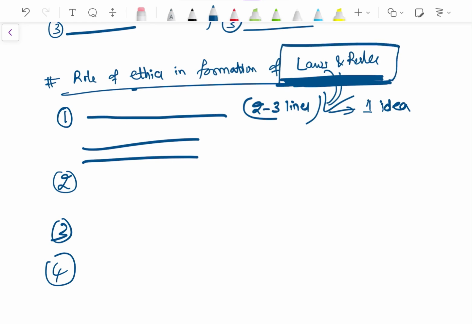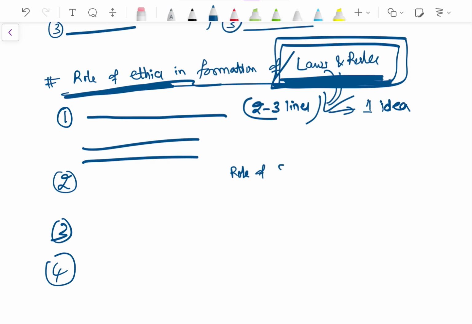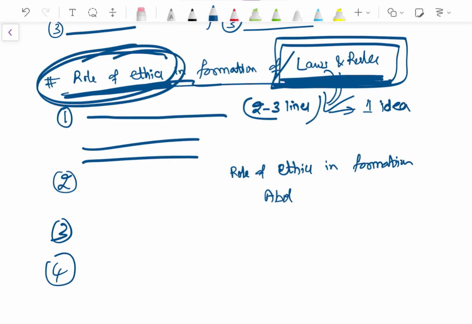And each point should have one idea which favors, कि, the role of ethics in formation of laws and rules. भाई हमने decide किया role of ethics. See, laws are nothing but what? A minimum set of standards set up by the society. You can give examples. Example of role of ethics, society's ethics, in formation of the abolition of Sati Act. See how Raja Ram Mohan Roy formed ethics against Sati.